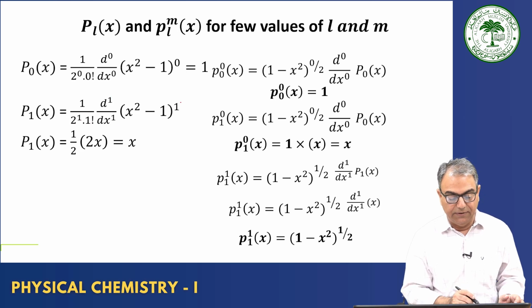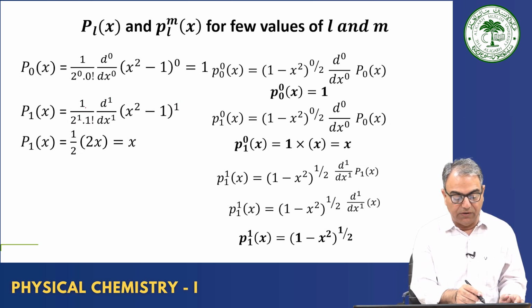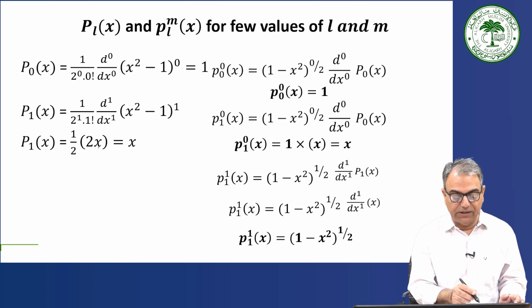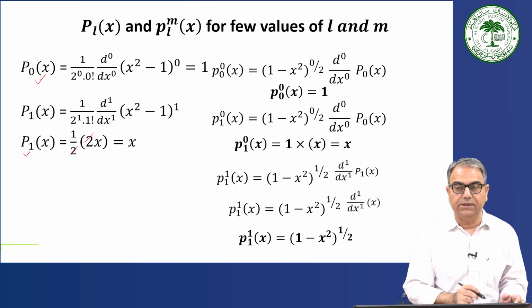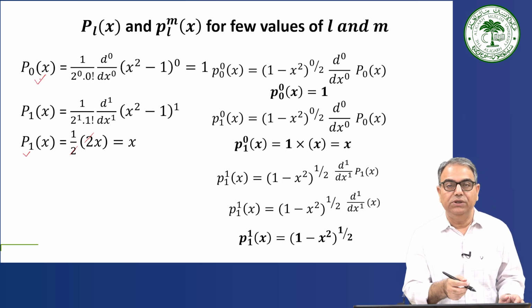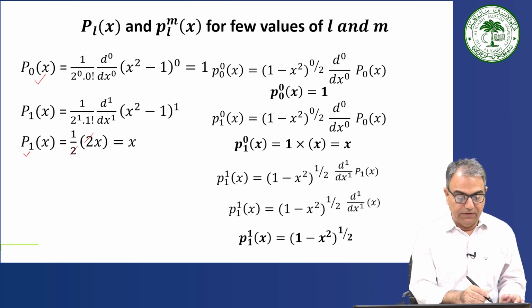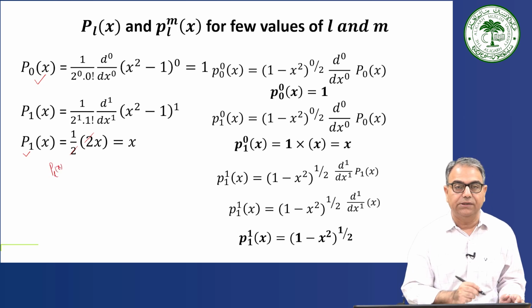So P1(x) is equal to 1 by 2, and then the differentiation d/dx of x squared gives 2x, the 2 and 2 cancel, and you have x. So we have calculated P1(x) and P0(x). So with respect to this, on the left hand side I have calculated PL(x).